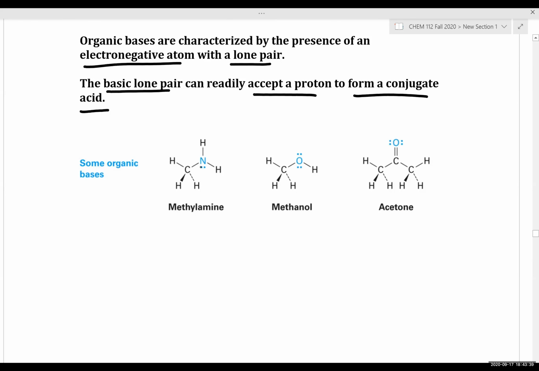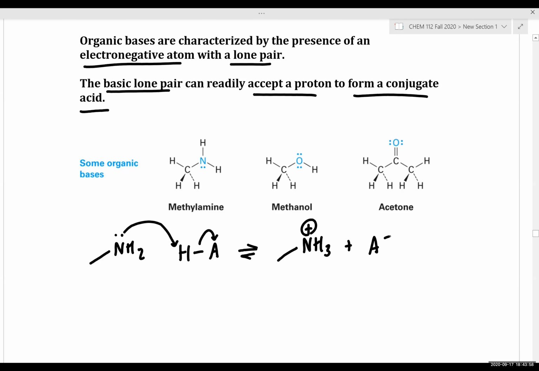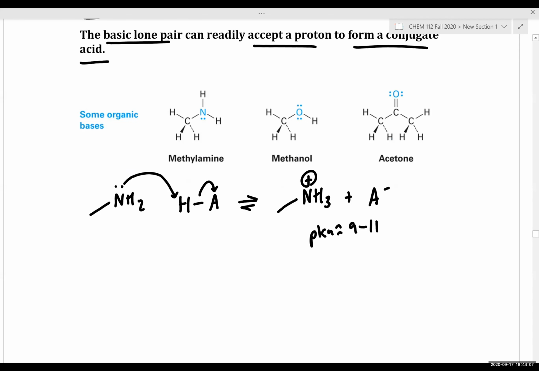So for example, an amine functionality, such as methylamine, can react with an acid and in turn generate a conjugate acid and the conjugate base. Just to note, the pKa of this ammonium is around 9 to 11. If we try to do the same trick with methanol, we're going to run into a little bit of a problem.